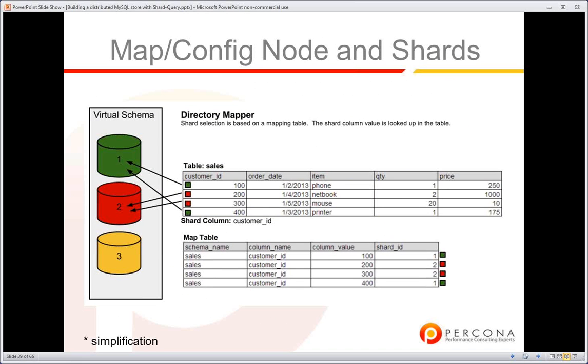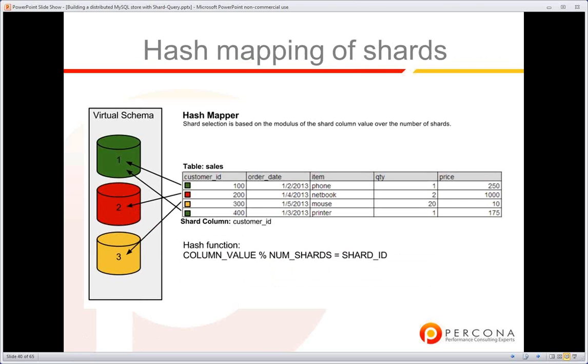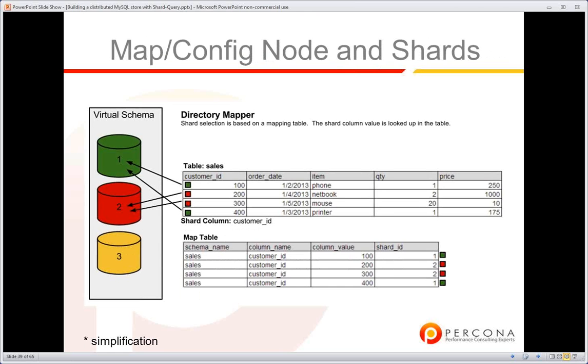So we have really two different types of mappers, hash mapper or directory mapper, that are included out of the box. Directory mapper is very useful because it allows us to move rows between shards and to change the number of shards.